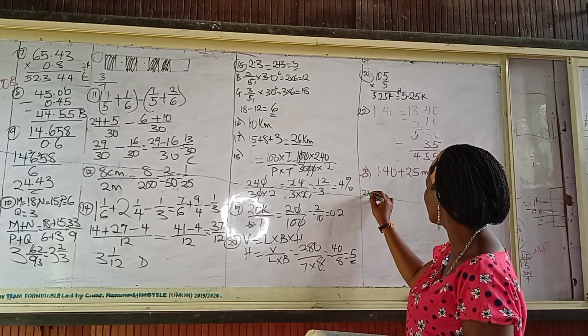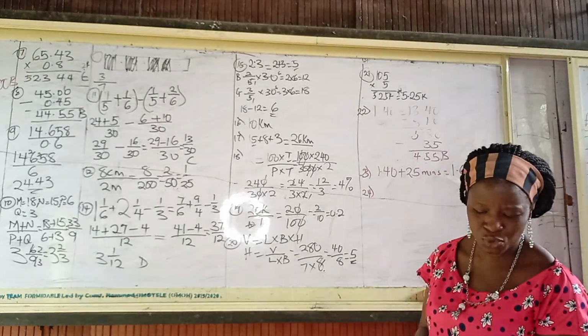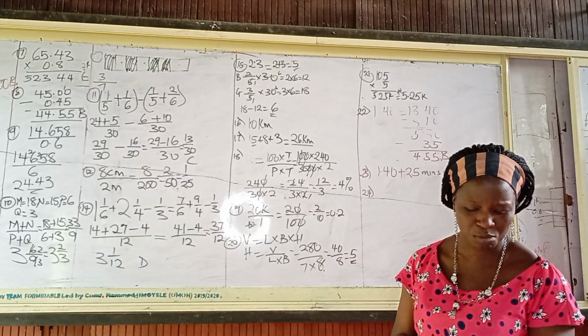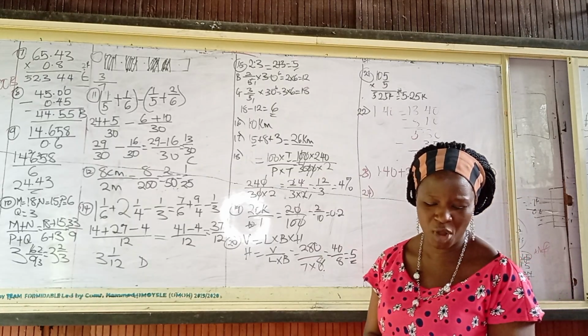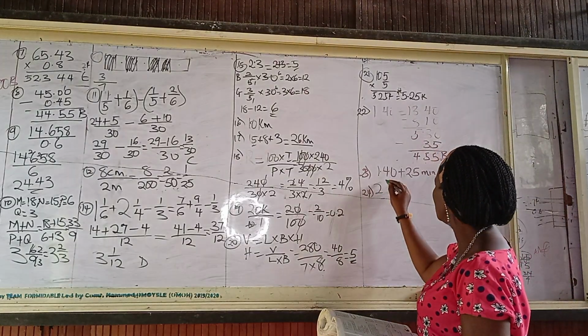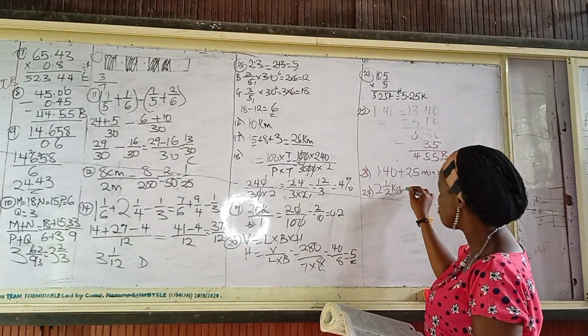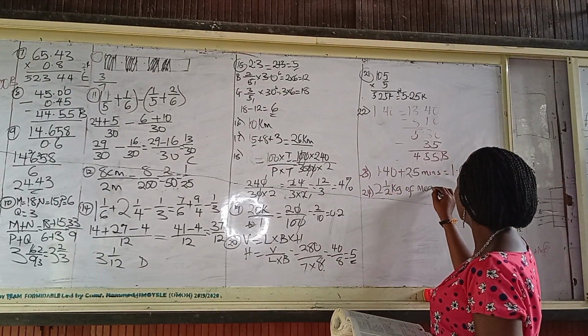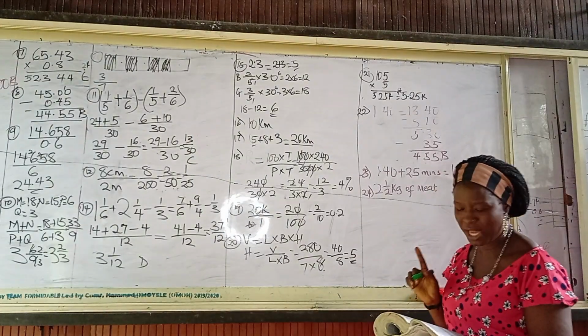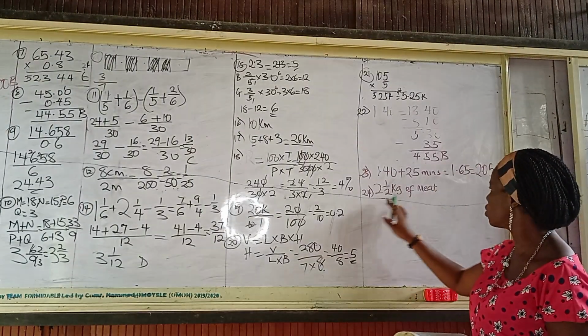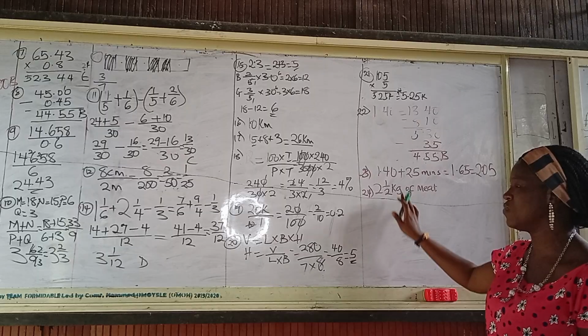Number 24 question. Kola took 5 naira to the market to do some shopping for his mother. He bought 2.5 kg of meat, and at 1 naira 50 kobo per kg. So 2 kg will be 300 kobo with the half.